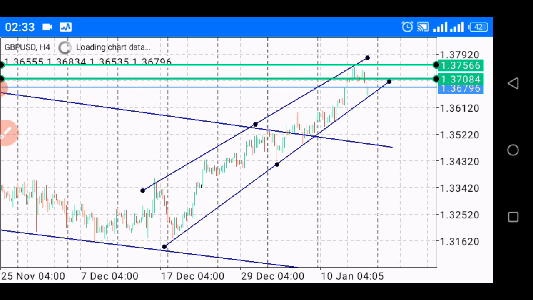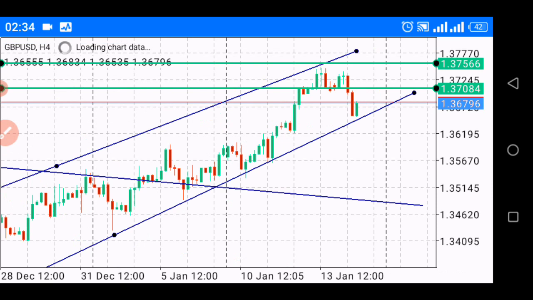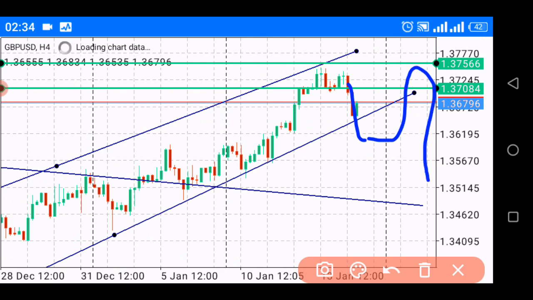In case the market does not reach my target, like in this trade, I didn't really have any target. What I'm looking at is maybe the market is going to break this structure and come back like this, or maybe the market is going to reach here and break this structure.